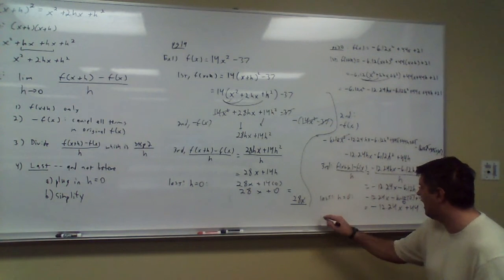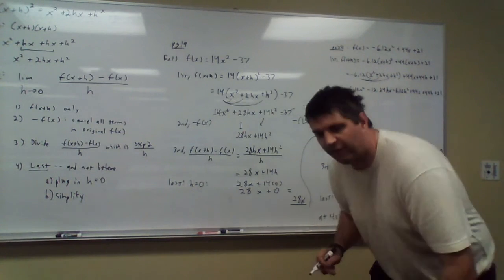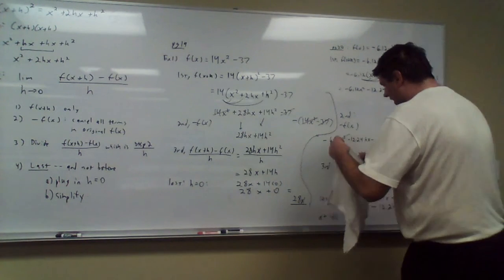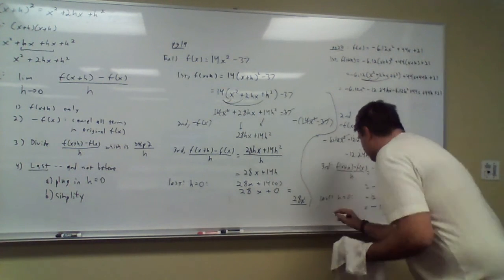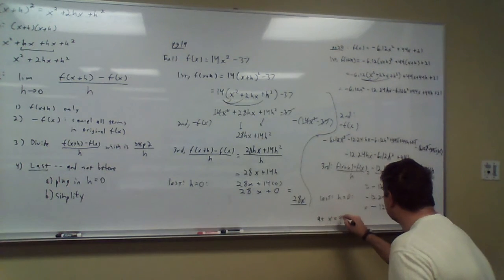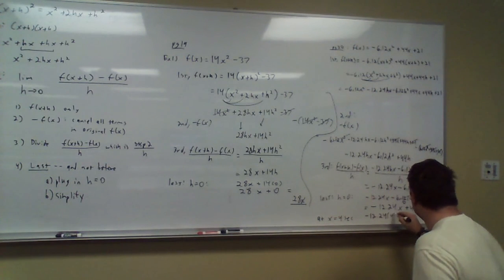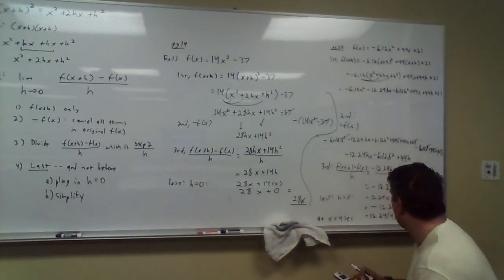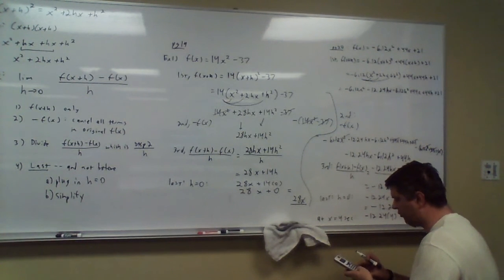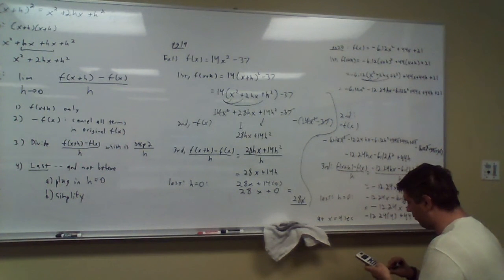Now, folks, the derivative at x represents a formula for the rate of change. So the rate of change for this object's height at x equals 4 seconds, we have negative 12.24 times 4 plus 44. So I'm going to take my calculator. We have negative 12.24 times 4, equals, and then plus 44.